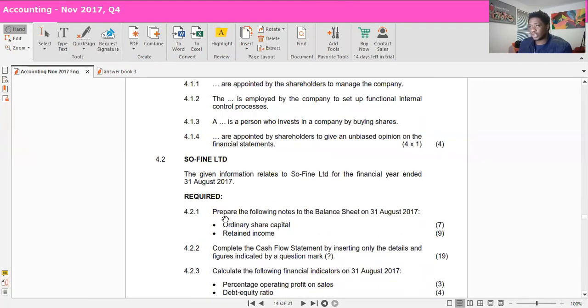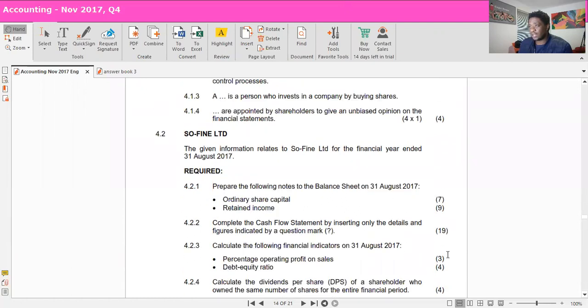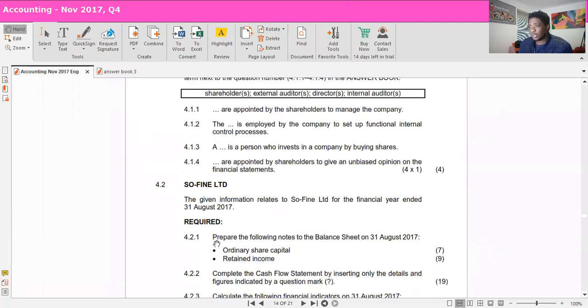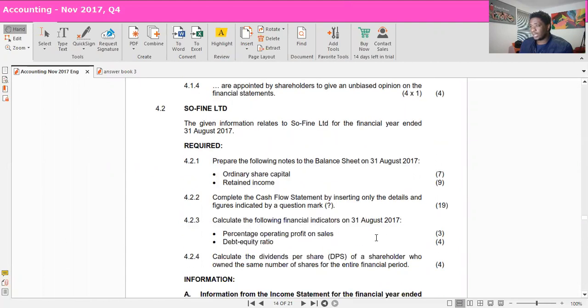For the purpose of this video, we'll just answer 4.2.1, and in the next video we'll answer 4.2.2 and probably the other questions. It says to prepare the following notes to the balance sheet: ordinary share capital and retained income.